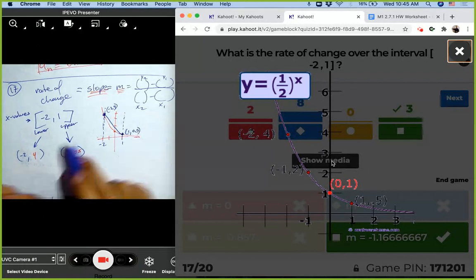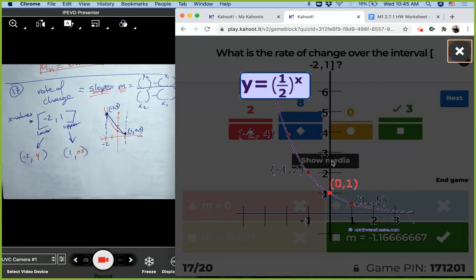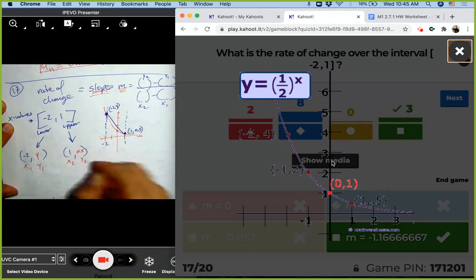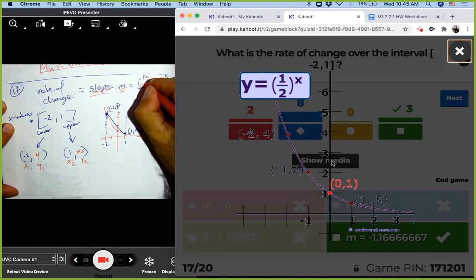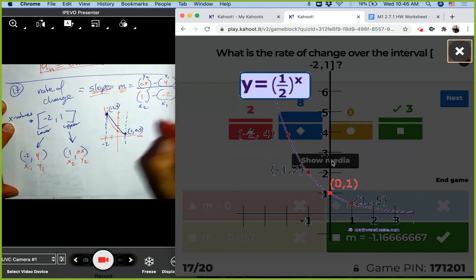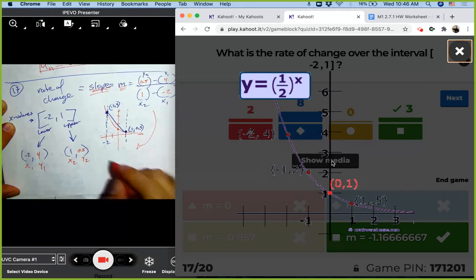So look, I got the 2 points here from my lower and upper limit from my interval, and I'm just going to label them. And I'm going to plug them in there. And I'm bringing it down here so we can see it. Let's just reduce stuff first. 1 plus 2.